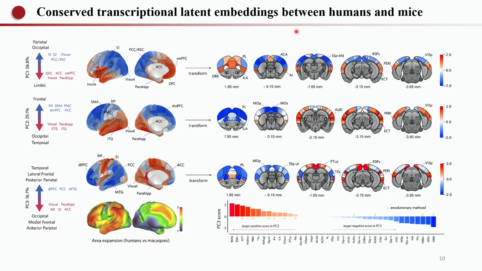And interestingly, we find that gradient 1 and gradient 2 derived from the human model exhibit highly consistent spatial patterns in both human and mouse. However, gradient 3, which is associated with evolutionary expansion in humans and macaques, showed clear cross-species divergence, indicating that this component may reflect species-specific adaptations rather than conserved transcriptional programs.